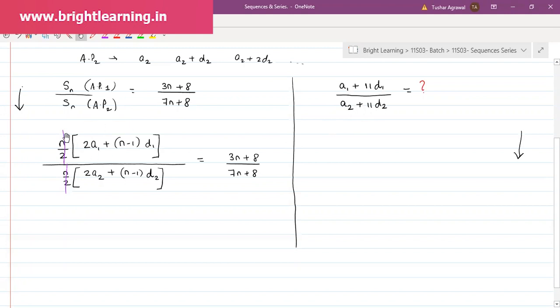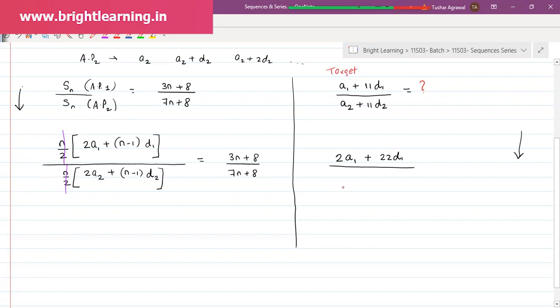On the left-hand side, I have twice A1 plus some (n minus 1) D1, twice A2 plus something of D2. Let me approach this in the reverse direction. If I am able to calculate twice A1 plus 22 D1, meaning the numerator and denominator both multiplied by 2, my target is A1 plus 11 D1 upon A2 plus 11 D2.